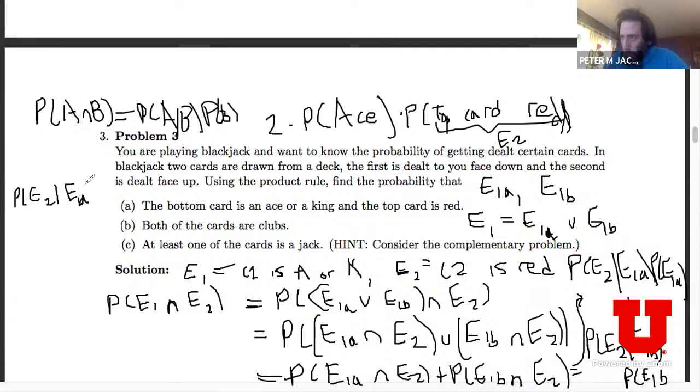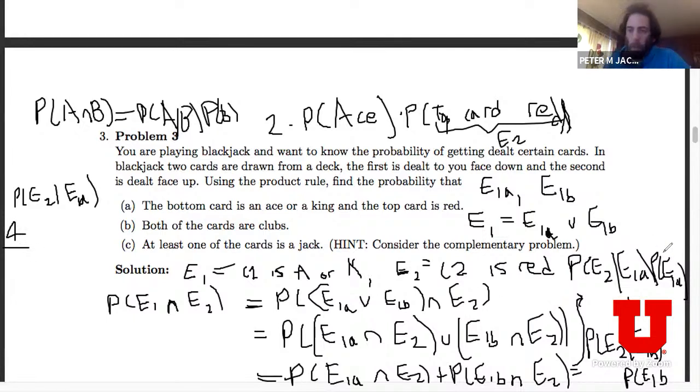So E1A, recall, is the event that the first card selected is an ace. How many ways are there to do that? There are 4 over 52 ways to do that.